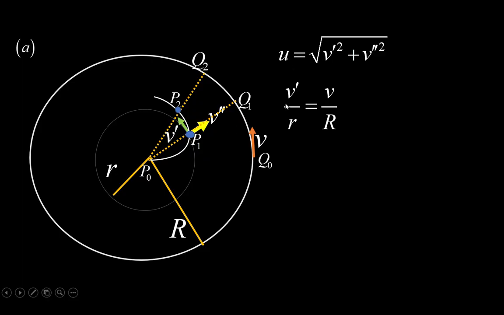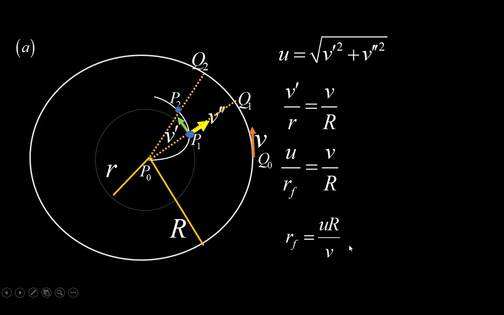So finally v dash will become u, and if you put v dash as u, then r will become the final radius of particle P. So P will finally move on a circle and its radius will no more change. V double dash will become 0, and all its velocity will be in the tangential direction. So from here we can find the final radius.